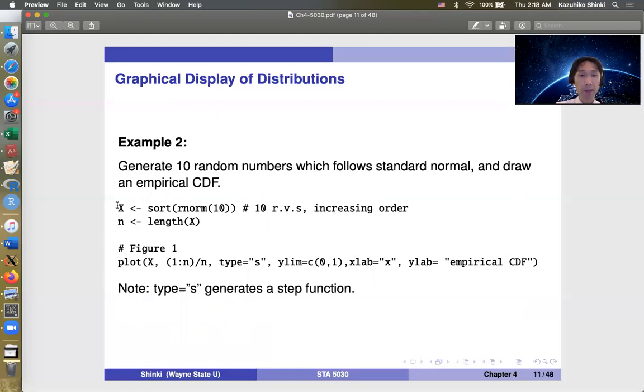That can be written in this way. At first we generate random numbers, then we sort them, and then we make the plot, where the y-axis is 1 to n over n. Actually it should start with 0, then 1 over n, 2 over n, and so on. Here n is 10.